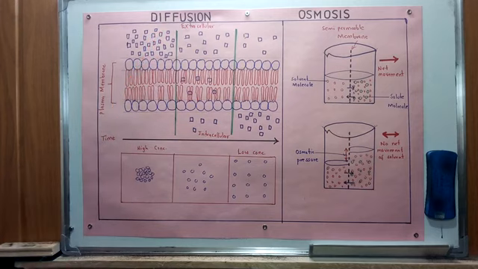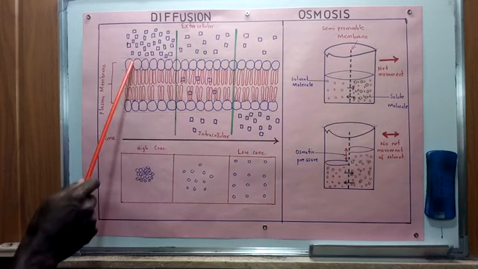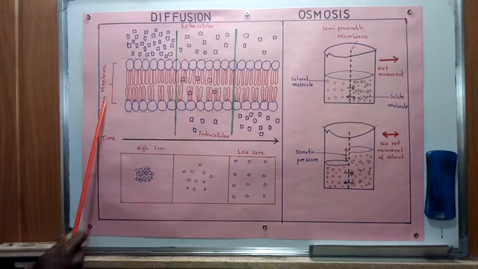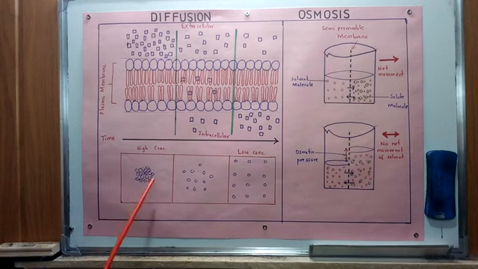Diffusion, by definition, entails the process by which particles move from a region of high concentration to a region of low concentration. I've given an illustration of the body that consists of this specific section that entails the cell or the cell membrane, which we are going to use for our illustration.